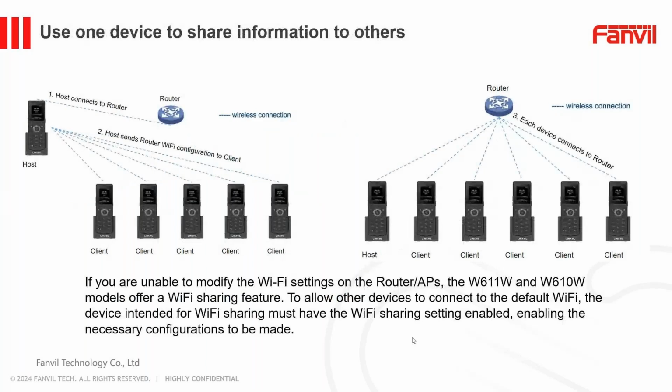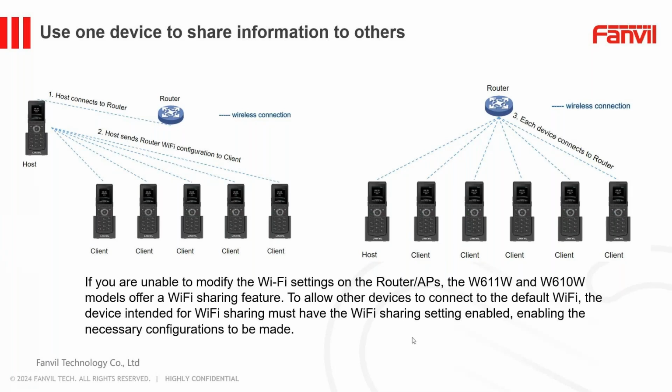The second method is to use the Wi-Fi sharing feature. The Wi-Fi sharing feature is supported on devices like W611 and W610. We have one device that acts as a host that connects to the router, and other devices act as clients.